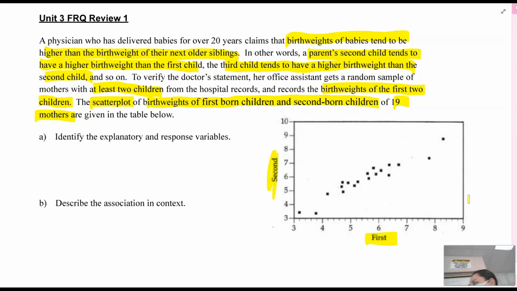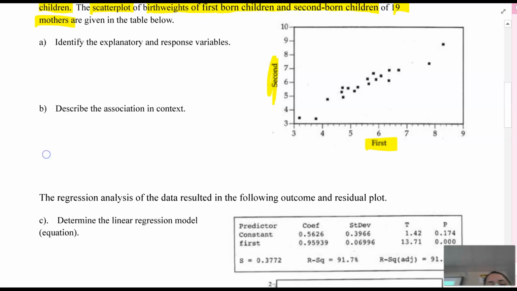Again, your 2 variables are the birth weights of the first child and the birth weights of the second child. You just have to figure out which one is the response and which one is the explanatory, okay? In part B, it says to describe the association in context. Keyword, context. Anytime you see those 3 words, describe the association, this is talking about the STDs.